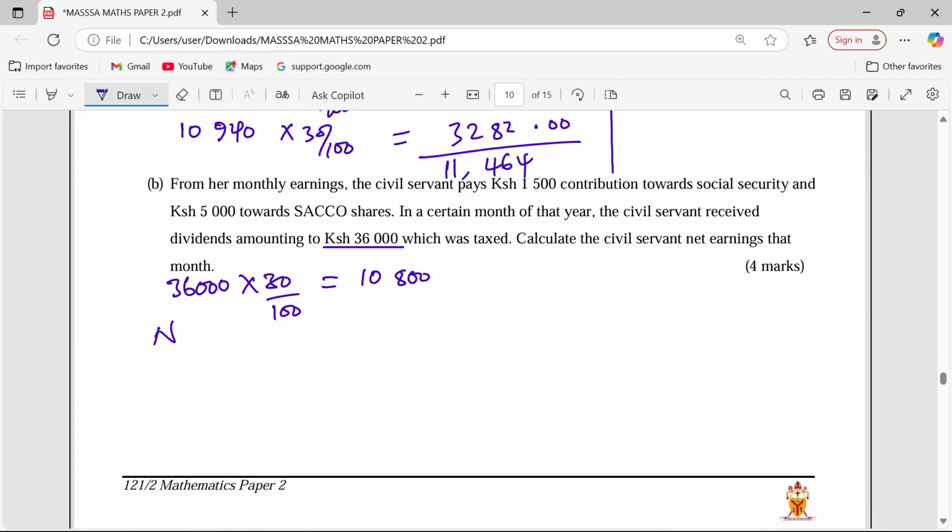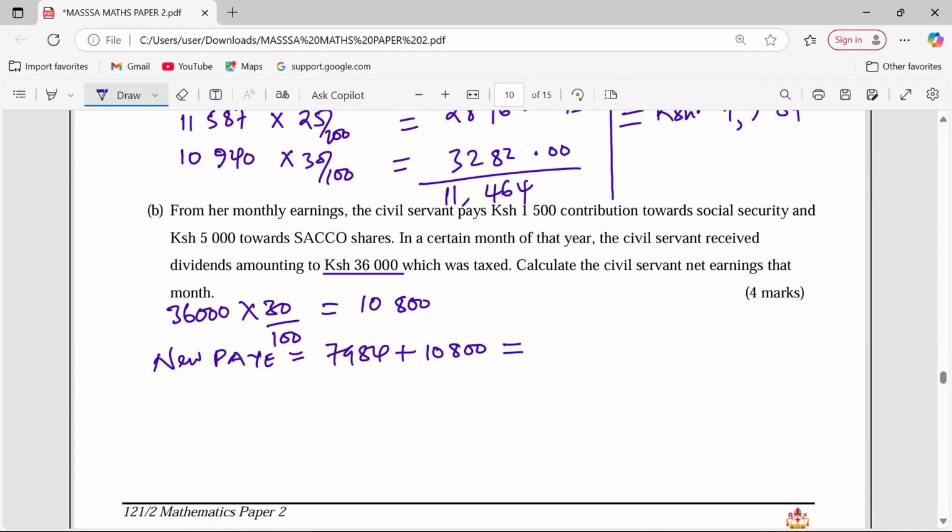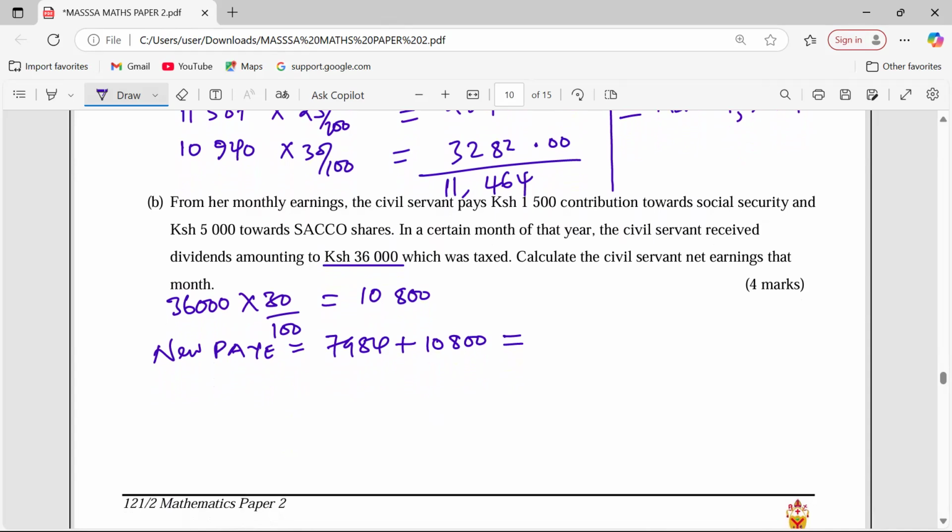So we can talk about the new PAYE, the new net tax, 7,984, and we add 10,800. This is going to give us 18,784.